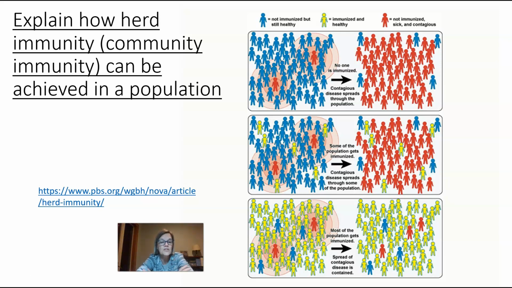Like I think I mentioned, I knew somebody who had a child that was born with a suppressed immune system. People on chemotherapy whose immune systems are depressed because of the chemotherapy. So there's all sorts of reasons why somebody might not be able to get immunized or might have low immunity. So herd immunity is designed to protect some of those individuals who are not able to be protected otherwise by vaccines.